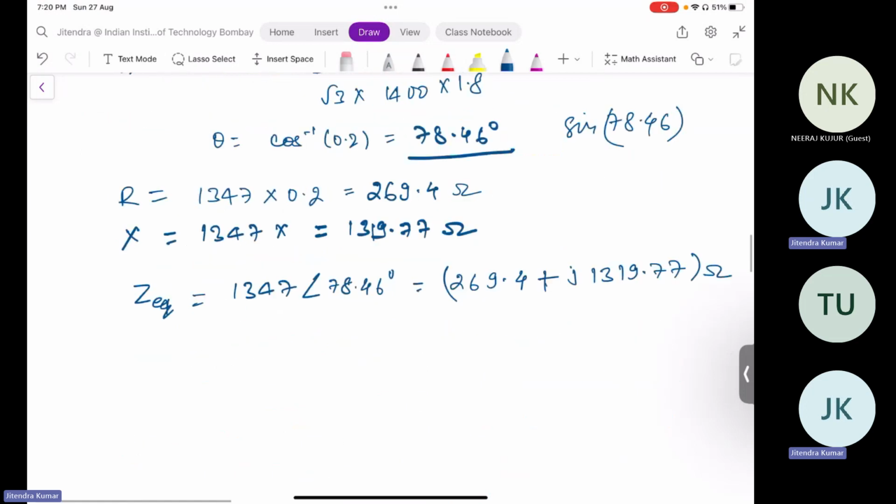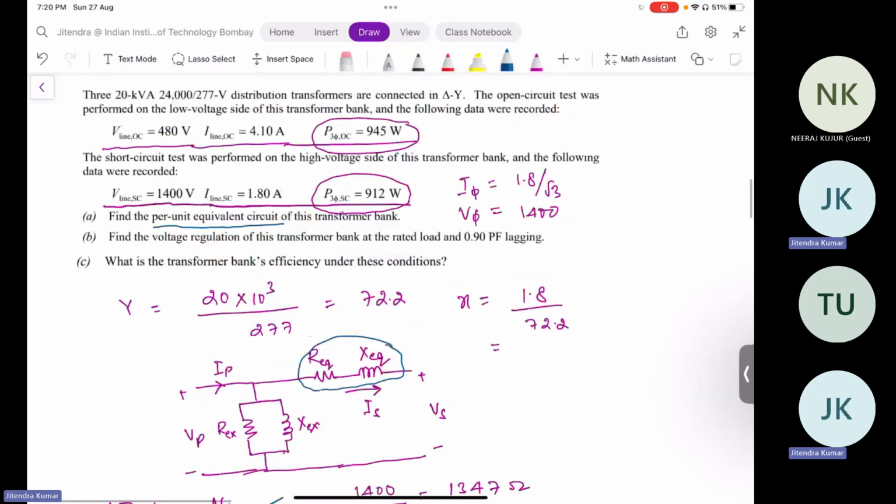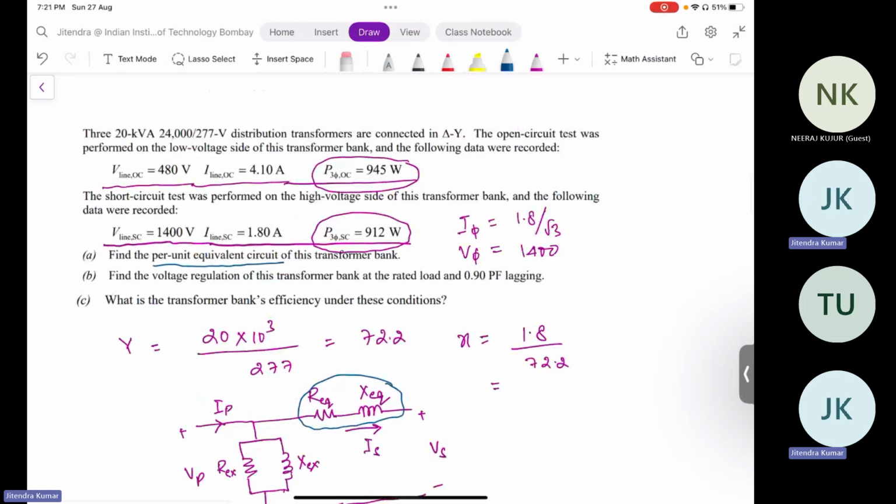So we have computed the actual value of this impedance. Now to draw per unit we need the base value, right? So Z equivalent by Z base, and these are all performed on the high voltage side. The high voltage side was our delta side, 24,000.